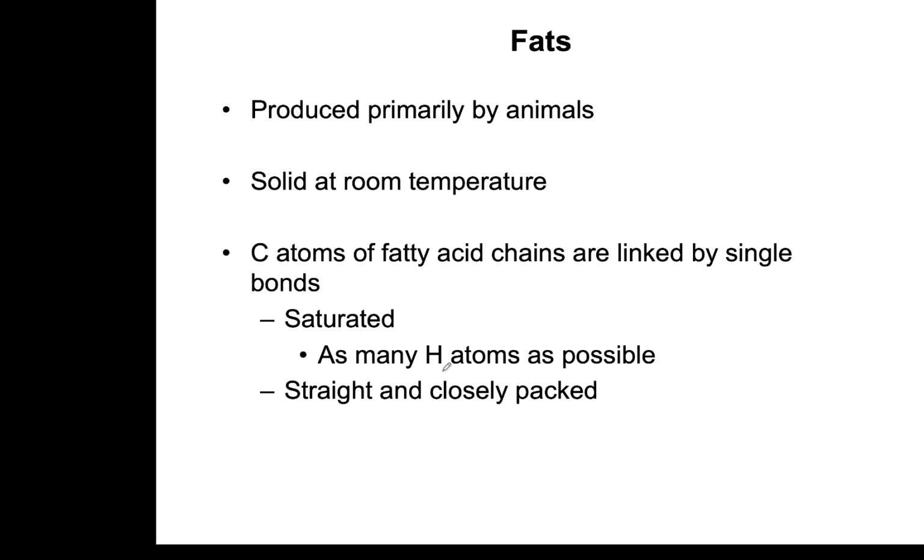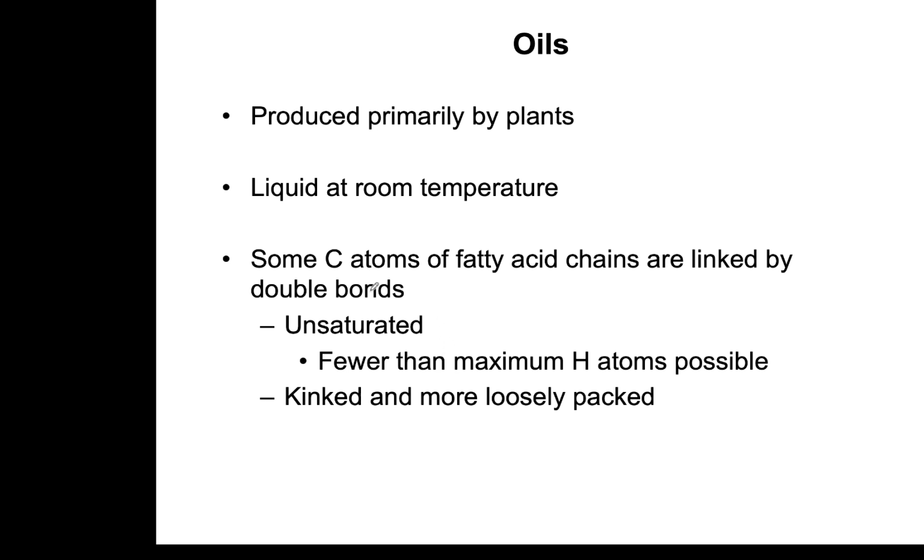Single bond means every carbon in the fatty acid has single chemical bonds with the other atoms. In the case of oil, unsaturated fat means some carbon atoms of the fatty acid chain are linked by a double chemical bond. We call that unsaturated, so carbon is not fully saturated with 4 chemical bonds. There are fewer than the maximum hydrogen bonds possible, so there are kinks, and it is more loosely packed.